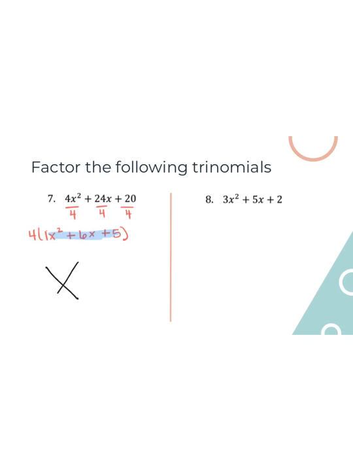So x goes right here. That 5 times that 1 is 5, and this is a 6. So I know the factors of 5 are 1 and 5, and 1 plus 5 equals 6, so I'm good there. I'm going to draw my square.